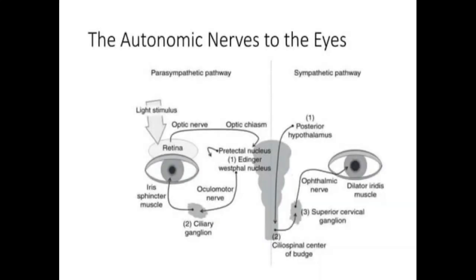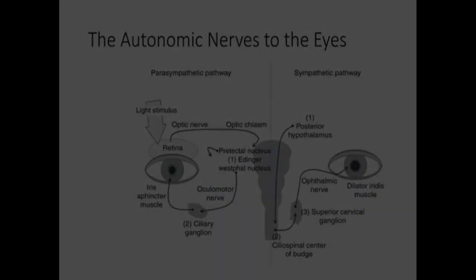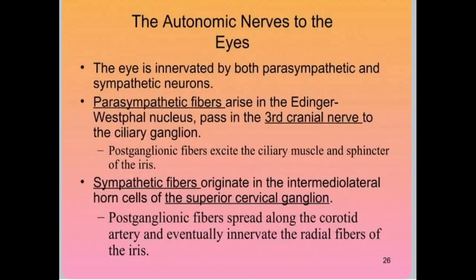The autonomic nerves to the eyes. The autonomic nervous system plays an important role in regulating the functions of the eyes.